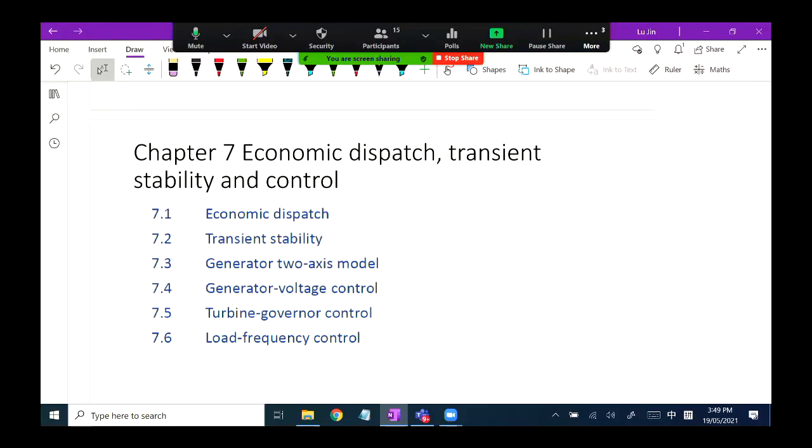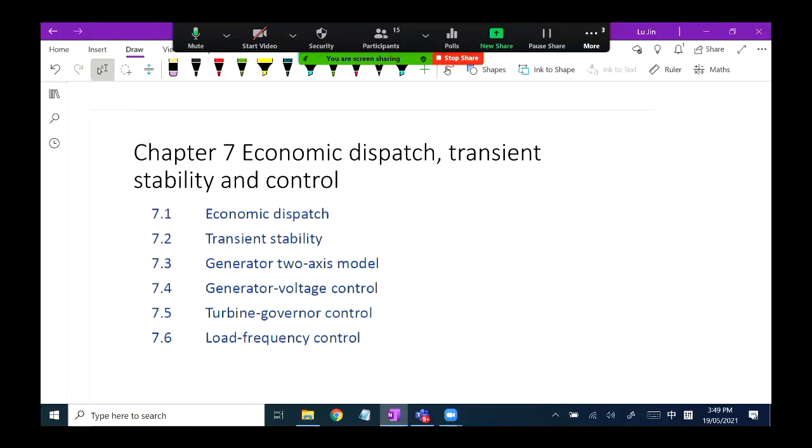In more than 99% of cases, the power loss function will be given in terms of the real power produced by these generators. Then how do we do the calculation? This is the topic of section 7.1, economic dispatch.